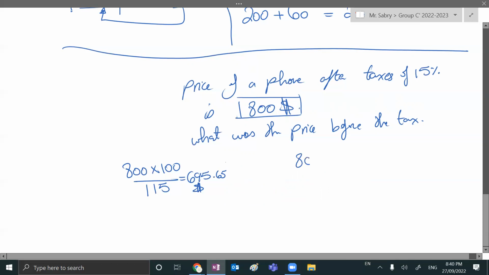Rather, the 800 is the 100% of the price with 15% already added. So the 800 is considered 115%. These are the dollars and these are the percentages.